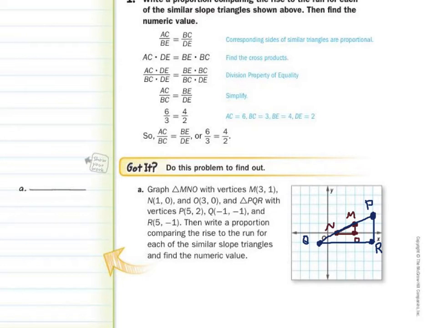Next, write a proportion comparing the rise to the run for each of the similar slope triangles and find the numeric value. So let's start by writing our corresponding sides of our similar triangles.